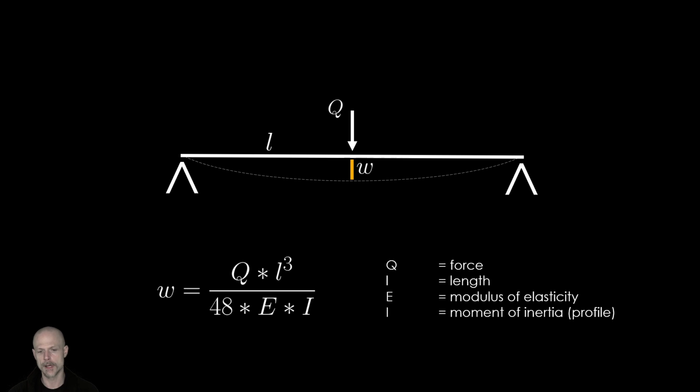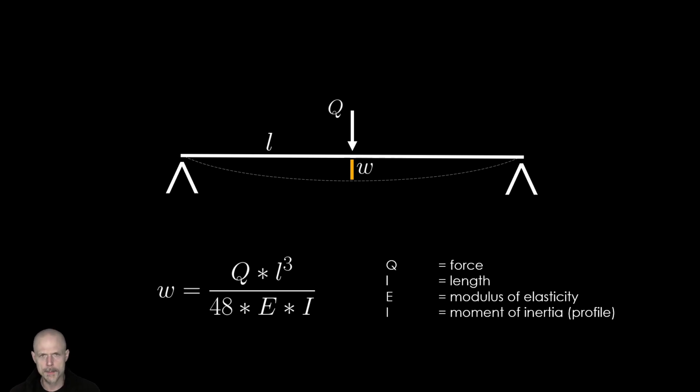This value W is computed with Q, which is the actual force that is applied. Then the modulus of elasticity, a property of the material used for the beam. Then I is the moment of inertia, a geometric property of the profile of the beam. You could have an I beam or a T beam or all sorts of different profiles.